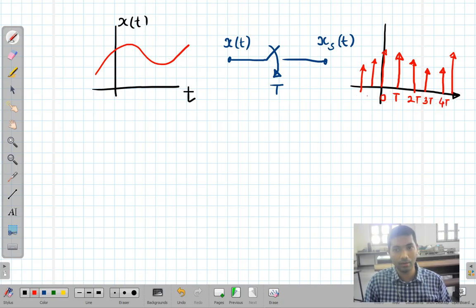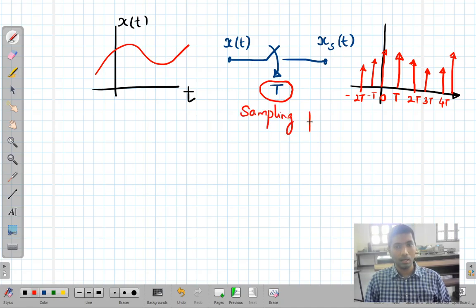Similarly, on the left side you have minus T, minus 2T, and so on. This capital T is called the sampling period. It is the period at which we are sampling the signal, and I have defined Fs as the sampling frequency.